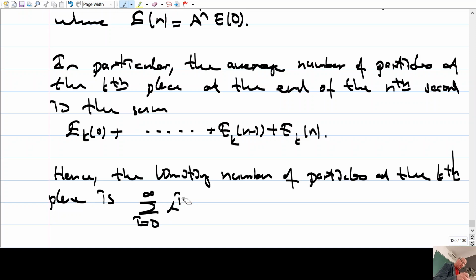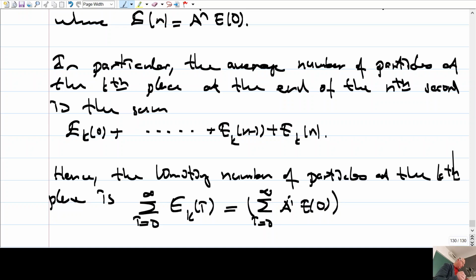So it is this one. And this is nothing but the sum over i from 0 to infinity of A^i times E0, and the kth entry of that column vector.